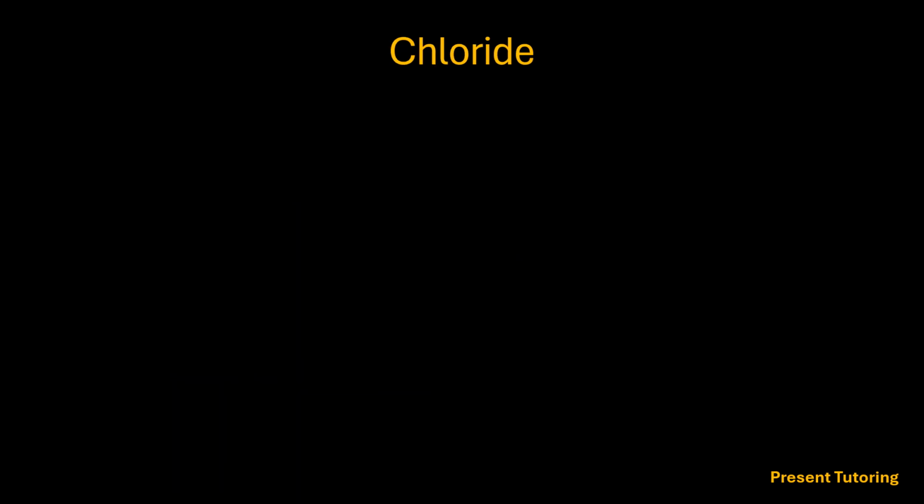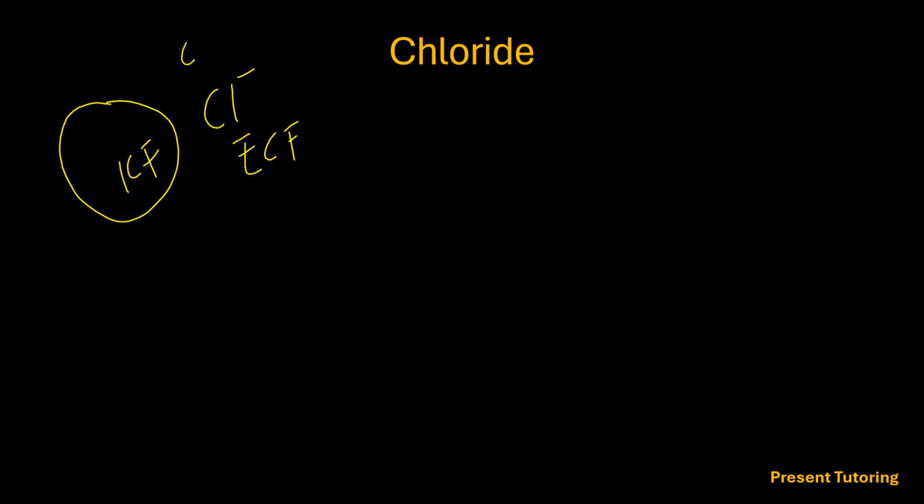And then talking about the chloride ion, the chloride ion is what we call the most abundant anion in the extracellular fluid. So again, let's draw our cell. If I have a cell, and this is the intracellular fluid, and then outside of the cell there's extracellular fluid, you're going to see loads of chloride just floating around outside of the cell, which makes sense because it's going to be following sodium.